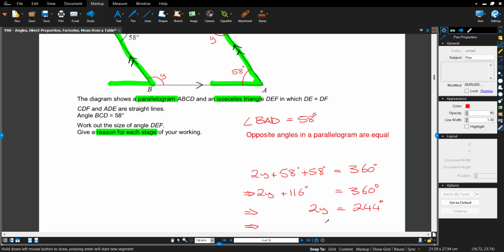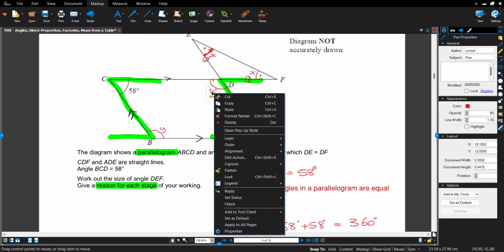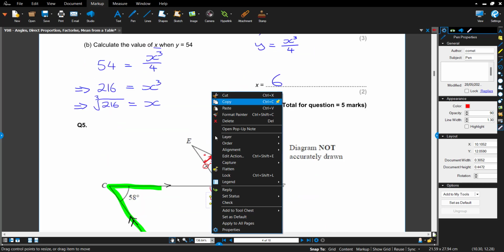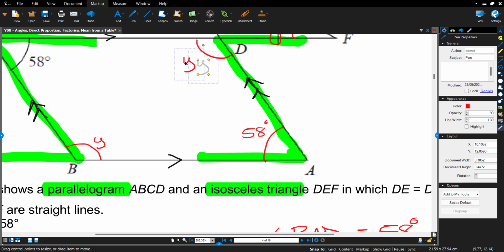So that implies y equals 122 degrees. So we know that this thing, let's just move it. Y equals 122 degrees. Cool.